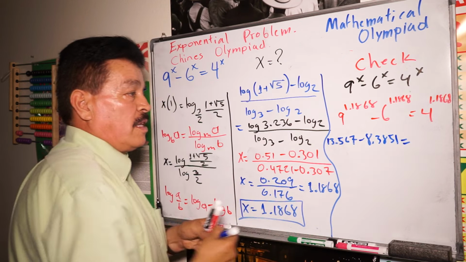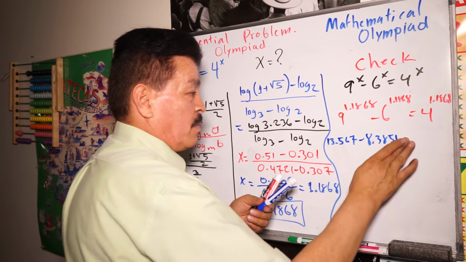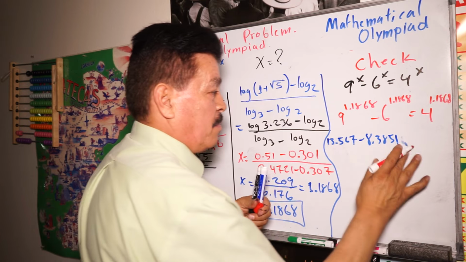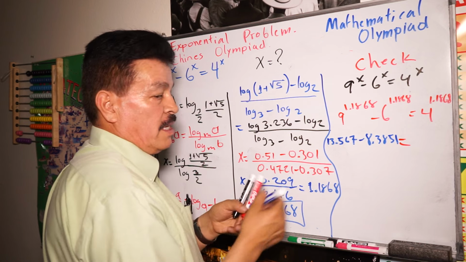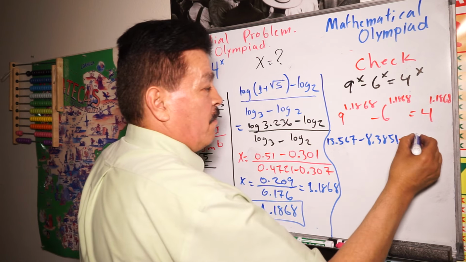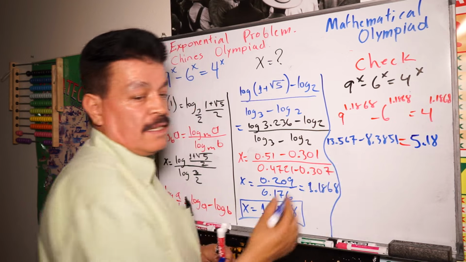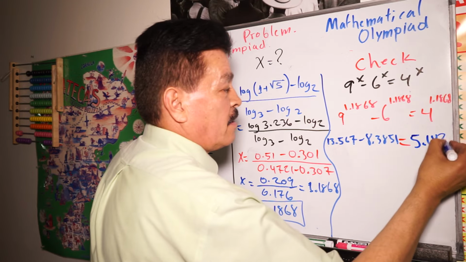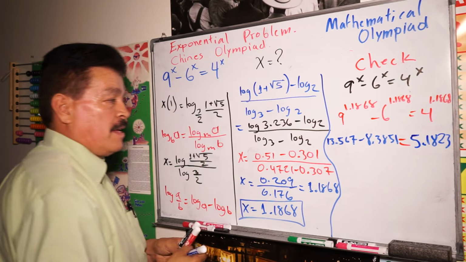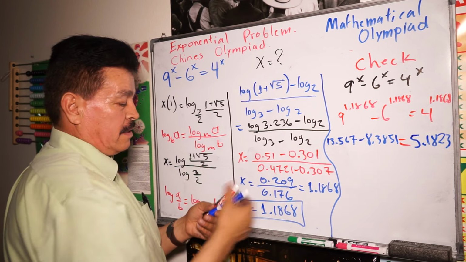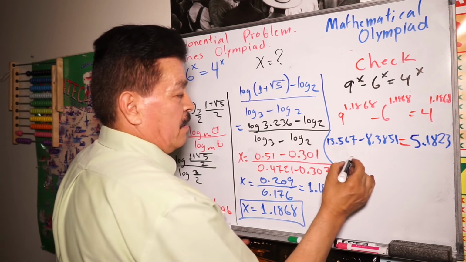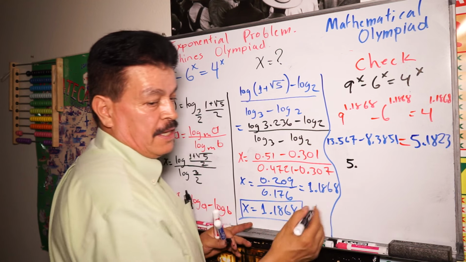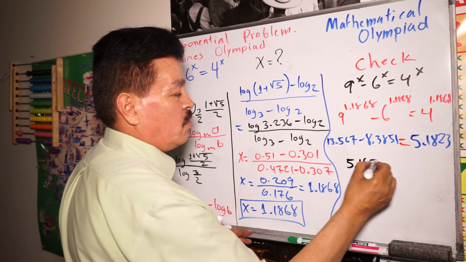Now on this side, it's very important because I'm checking my work. The other side we have 5.1823. Okay, and now subtract this. You subtract, we are going to have 5.1822.